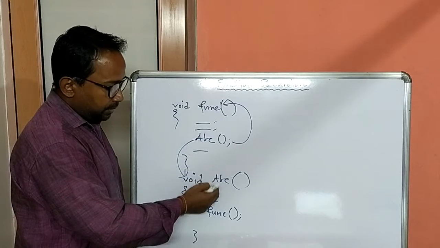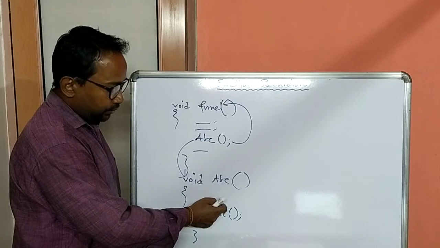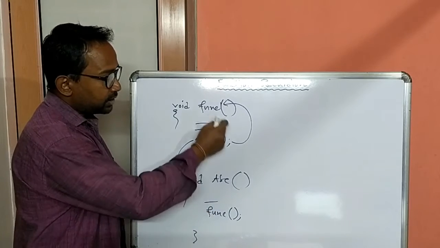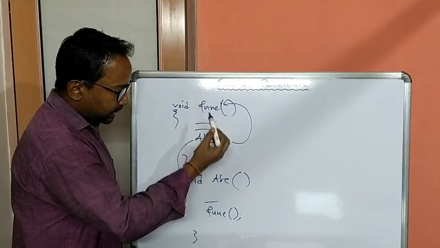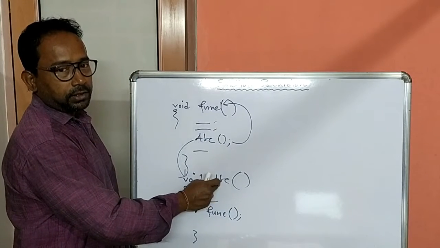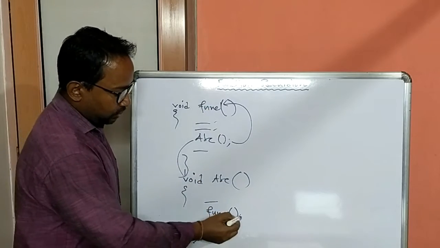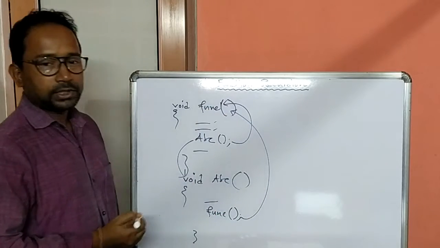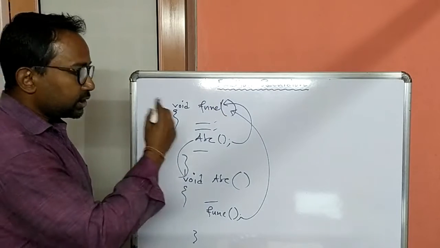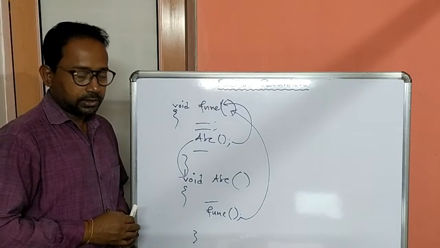This is the ABC function. ABC function will execute. In ABC, one statement is there which will execute first. Then the next statement is a call for this function. That means actually this function calls itself through the call of this ABC function. That means indirectly this function calls itself through another function. So this is called indirect recursion. So these are two types of recursion.